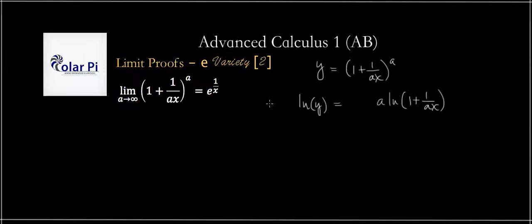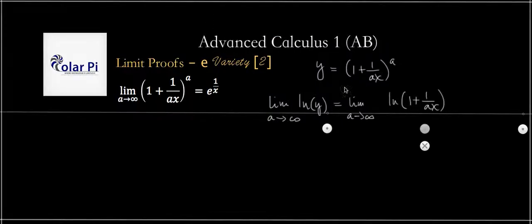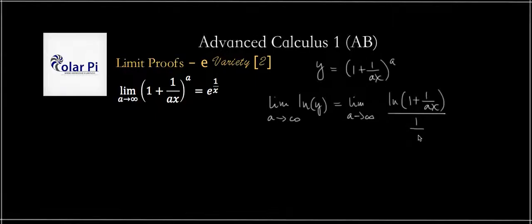After this, we should write the limit as a goes to infinity right here. For reasons you'll understand very soon, instead of multiplying by a, let's think of it as dividing by 1 over a. Multiplying by a is the same as dividing by 1 over a, so it's all good. Now, as a goes to infinity, what happens to this quotient? 1 over ax is going to go to 0.